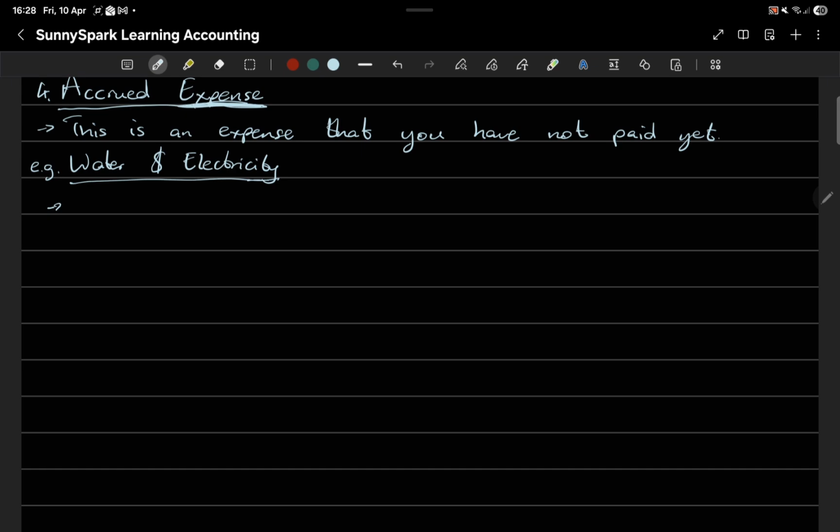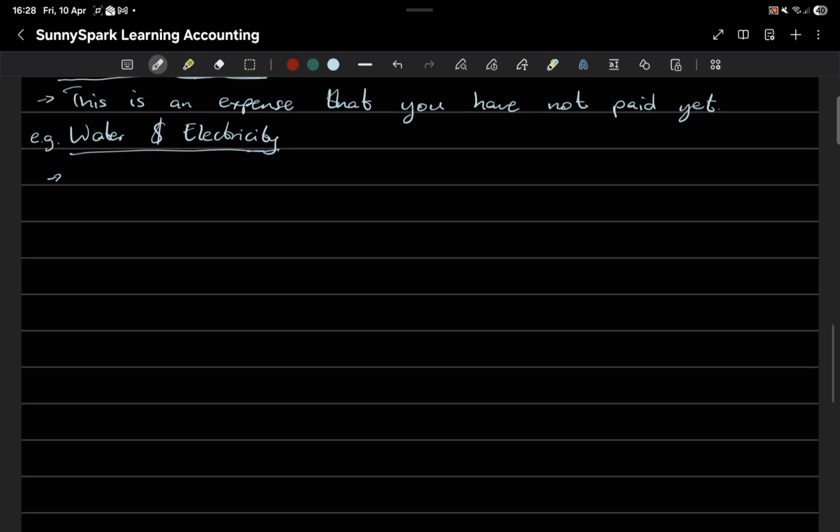A business cannot operate without electricity and water. Let's say you have to pay an expense of 100,000 for water and electricity for the entire financial year, which is 12 months.